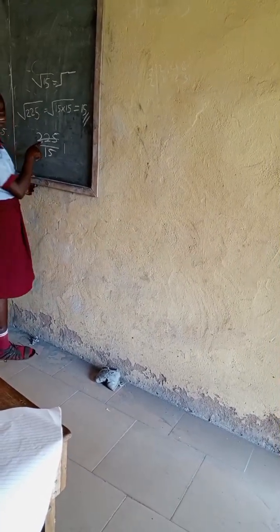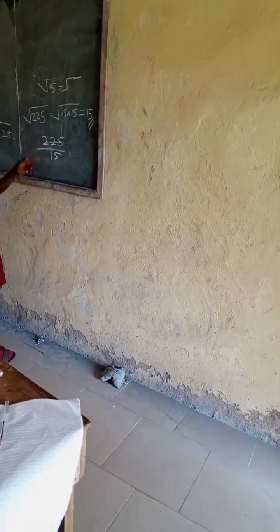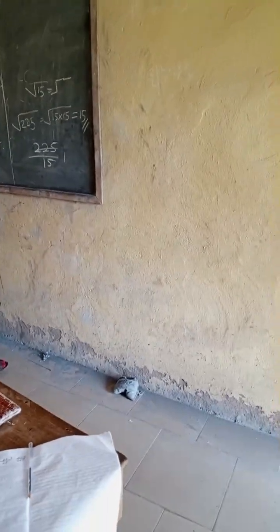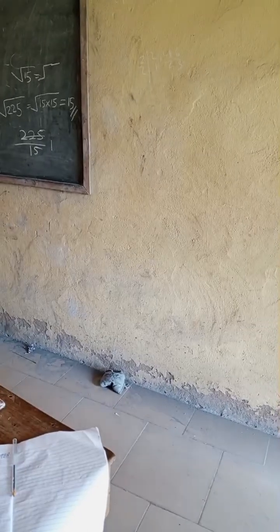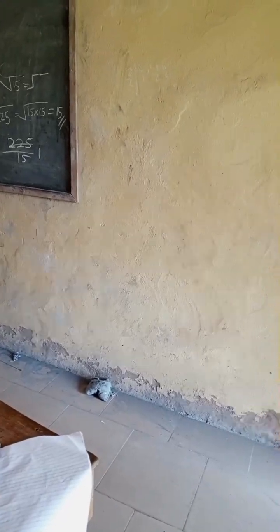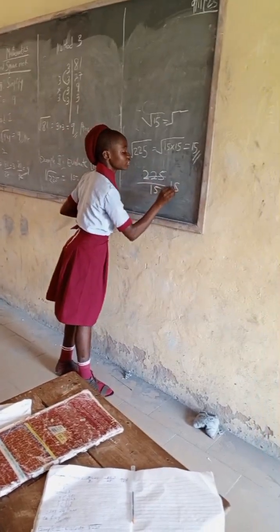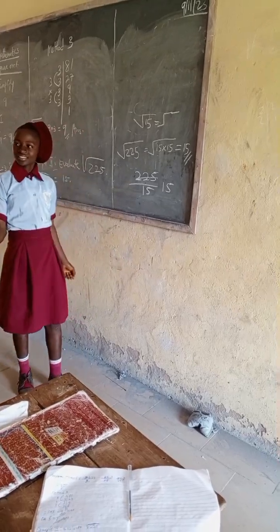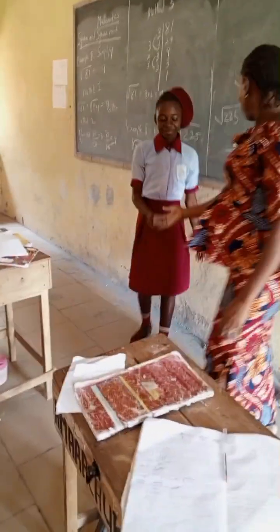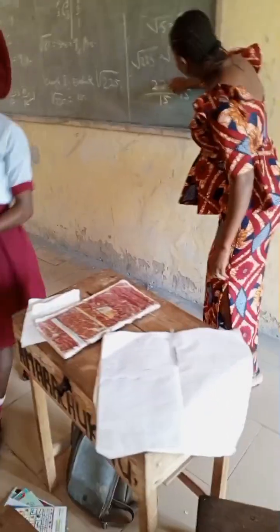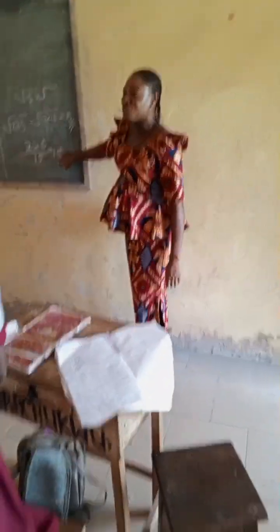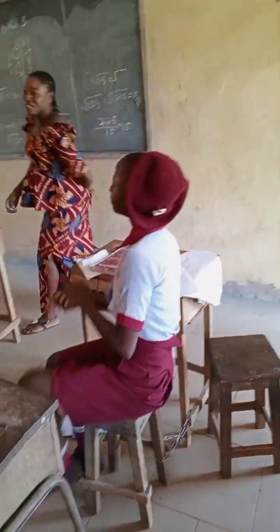Remainder 7. You put 7 here. Good. 75 divided by 15, you get 5. Good. Clap for her. Now you are talking. So the answer is what? 15. Who will use another method?